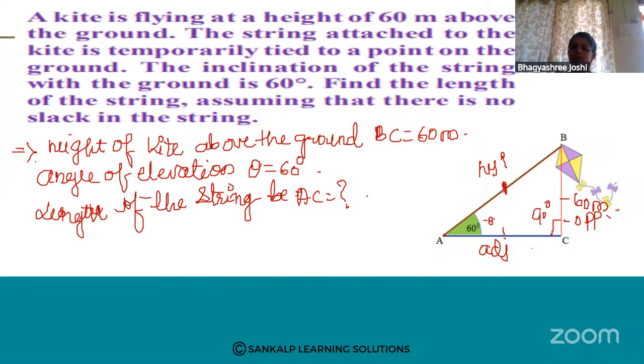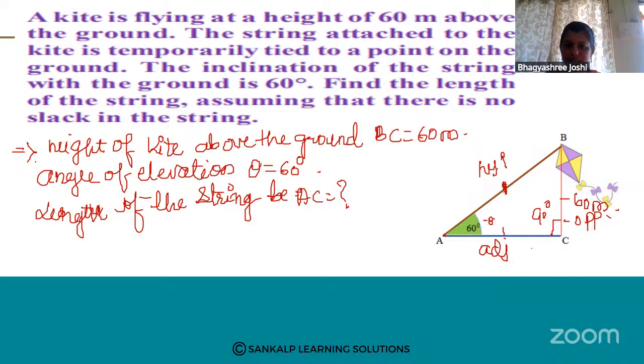Okay. Now, dear students, observe carefully. Here, opposite side they have given, that is 60 meter. And we know the value of theta. Theta is here. And what we want, hypotenuse we want. Yes or no? So this length of the string we want.